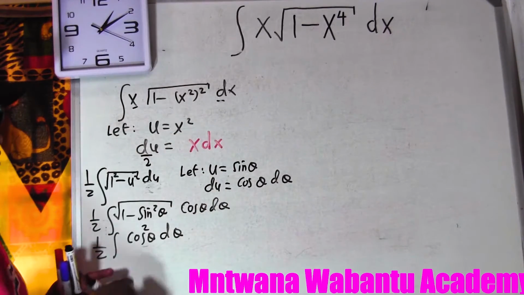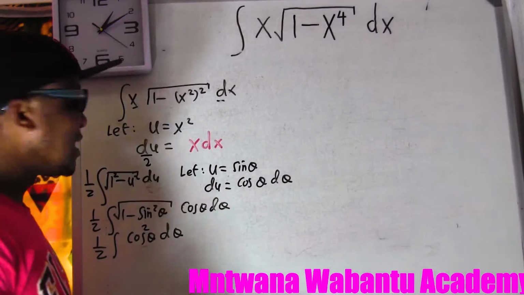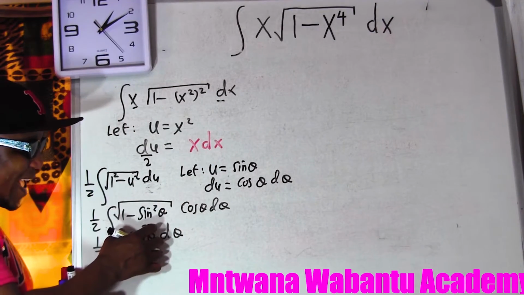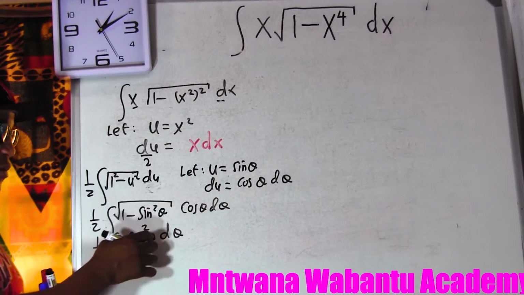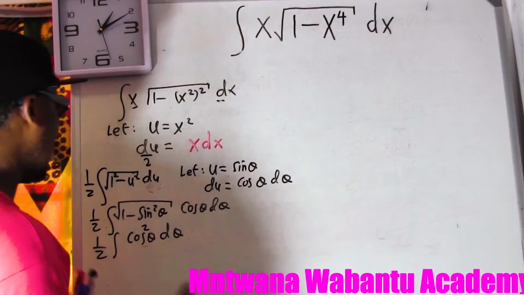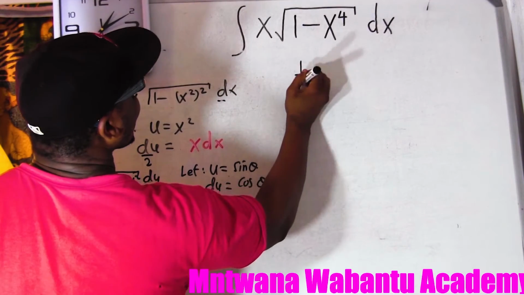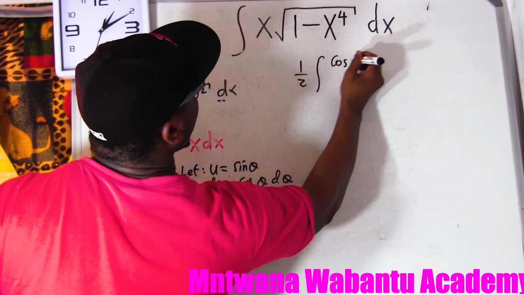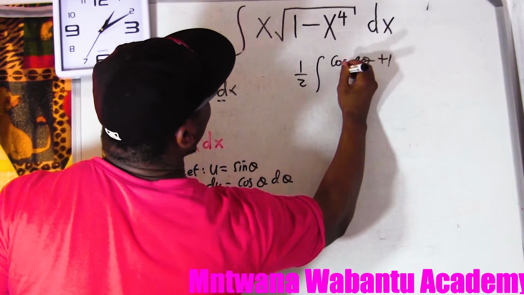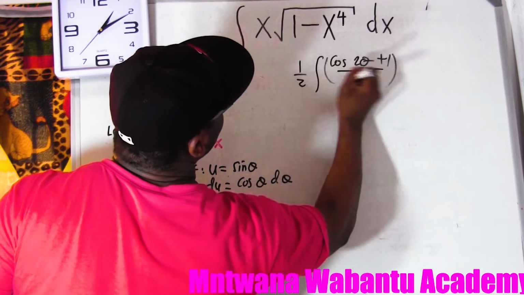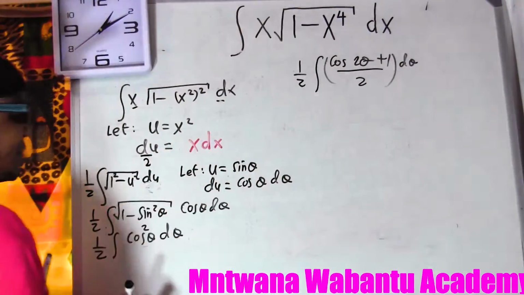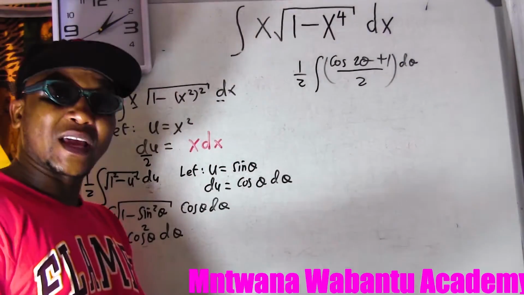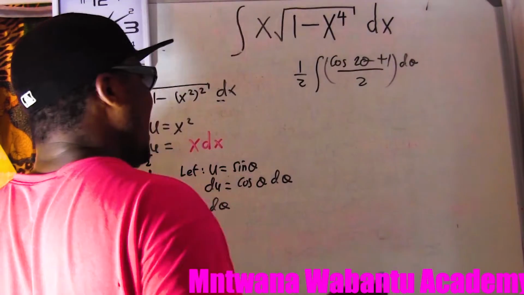Whenever you have an integral of cos squared theta, you don't need square, cube most of the time. Especially when it's squared, break it using the identity. So we have a half integral, this is the same as cos double angle plus 1 over 2. But how did I know? Let me just show you so that you can learn, because the important thing is to learn. That's what I'm here for.